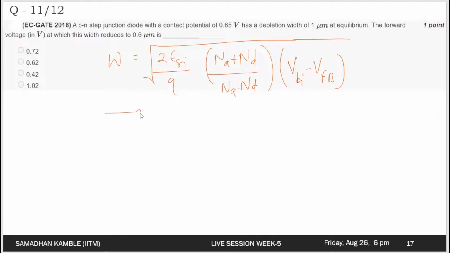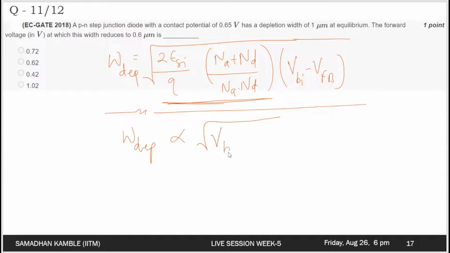This is the equation of the depletion width in the forward bias case. All these parameters are constant, and they have just asked us to calculate the forward bias voltage for which the depletion width reduces. So we can simply use the fact that the depletion width varies with the square root of VBI minus VFB.